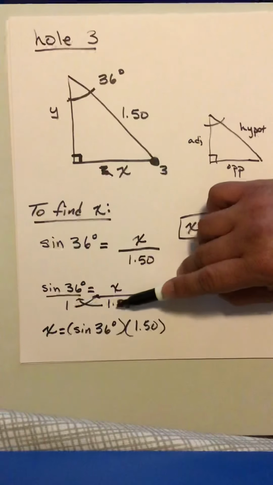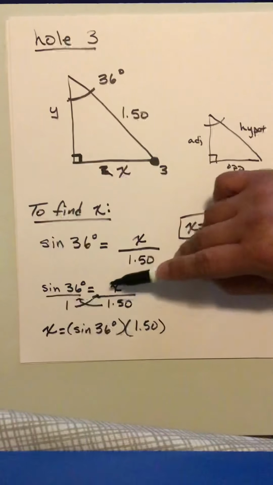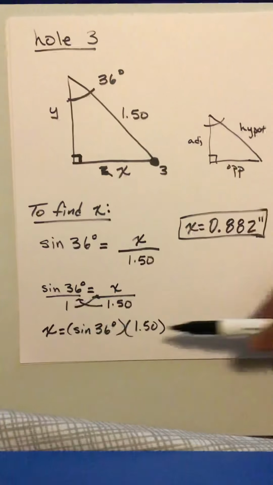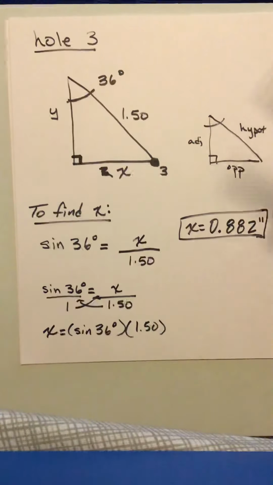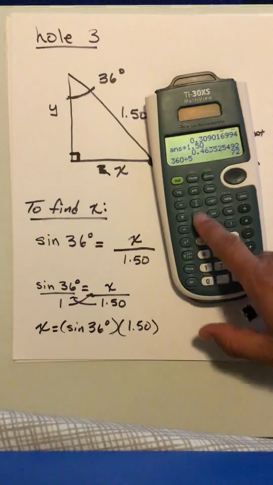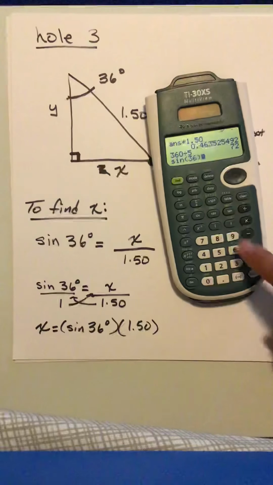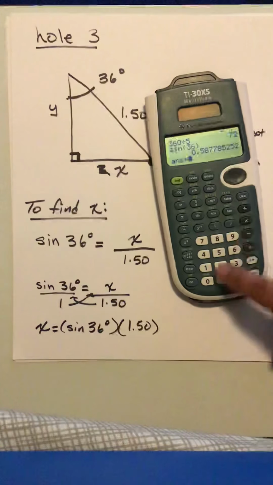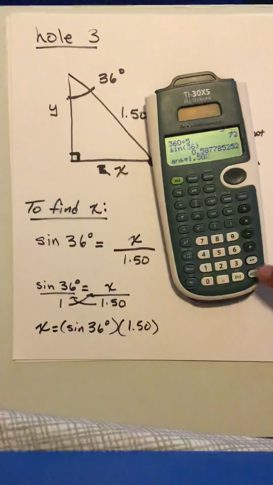Put this over 1. This times this is equal to this times this. 1 times x is just x by itself. The sine of 36 times 1.50. So do the sine of 36, close that off, gives me that number, times 1.50.